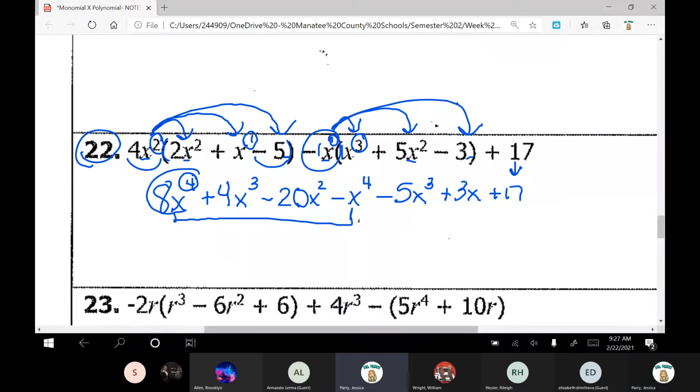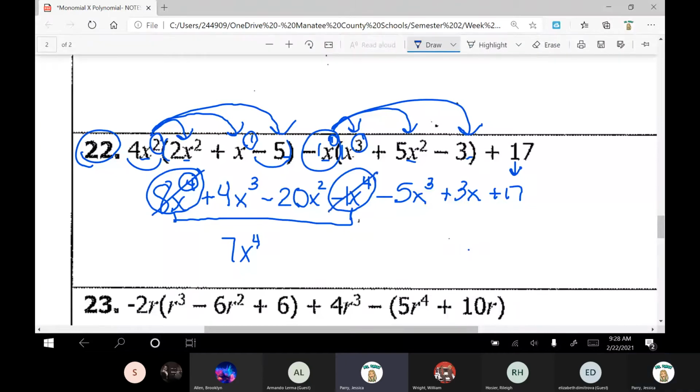These two are going to get combined. They're in the same family, x to the power of 4, x to the power of 4. So 8 minus 1 is 7, and then x to the power of 4. So those, we combined them.